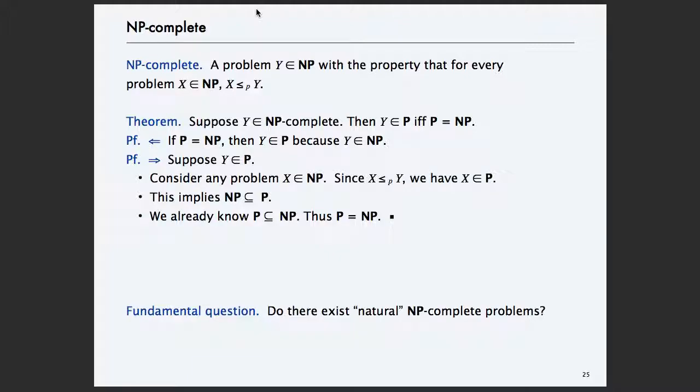So once you have this, right, that problem y in NP complete will be solvable in polynomial time only if every NP problem can be solvable in polynomial time. So basically, if P equals NP. We don't know, we believe that's not true, but we don't really know.